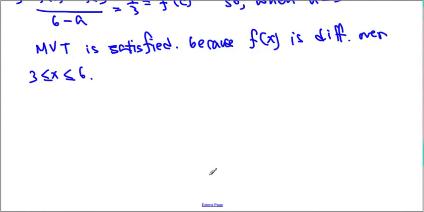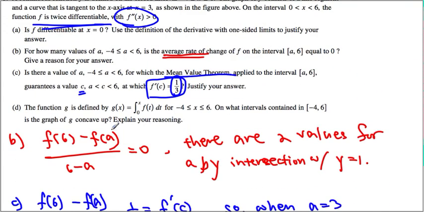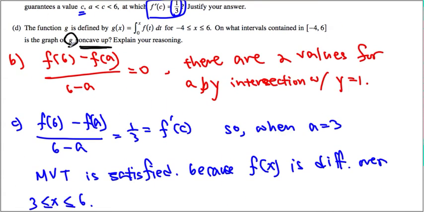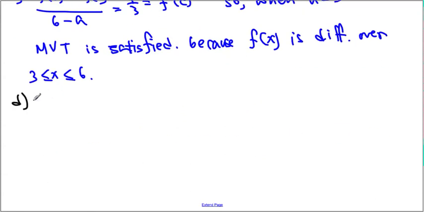Okay, let's go for part D. A function g is defined in this way. On what intervals contained in -4 to 6 is g concave up? Now, that means f all of a sudden became the derivative. G is concave up when g prime is increasing.